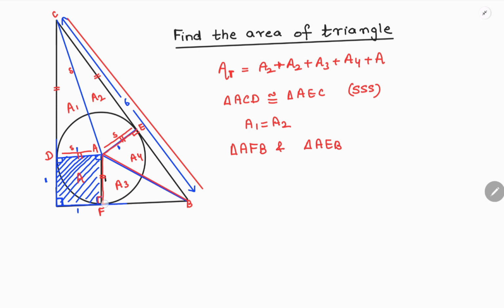The third sides are also equal because they are tangents from the same point on the circle. So these two triangles are congruent, which means area A3 is equal to area A4.